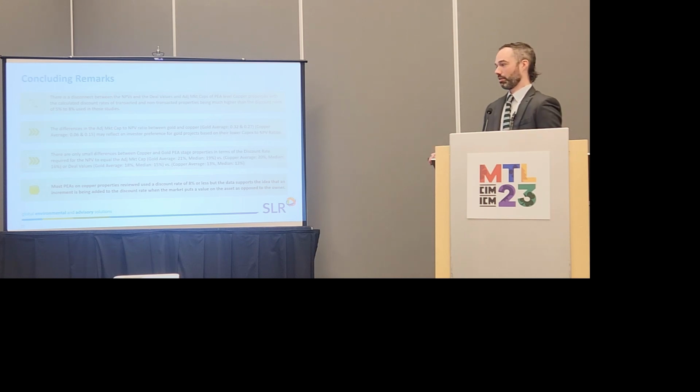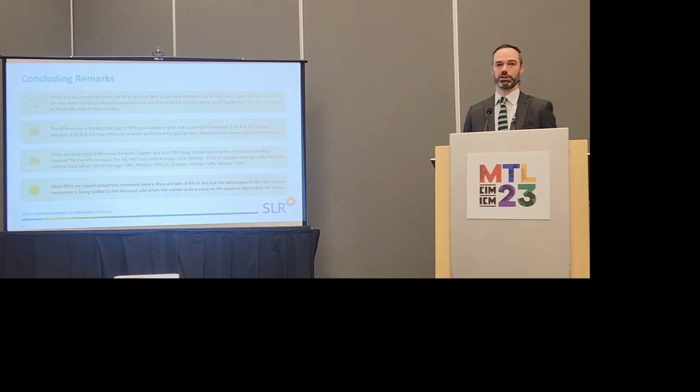And then to tie back to my initial slide from the opening: in practice, what rates are used when we look at those arbitration cases? Anecdotally, from presentations by Howard Rosen of Secretariat at PDAC, he was saying that when a PEA stage project is considered using a DCF valuation as part of the analysis for valuing the compensation of an expropriated property, we do get rates in the high to mid-teens.